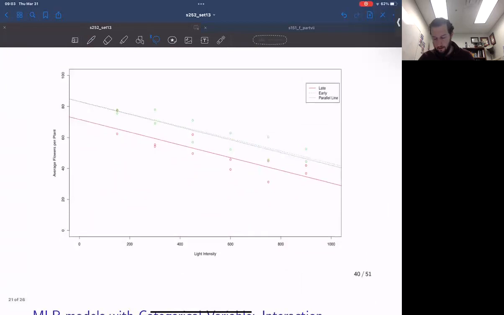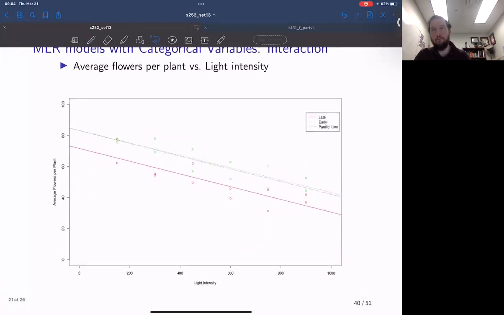So you can see on slide 40, I've plotted the two different lines against one another. So the green dashed line and the red solid line. You can see that the green dashed line is actually very close to being parallel, and that's just because the interaction coefficient is so small and there really isn't a significant interaction between the two groups. But again, just for illustrative purposes, we're going through this particular exercise.